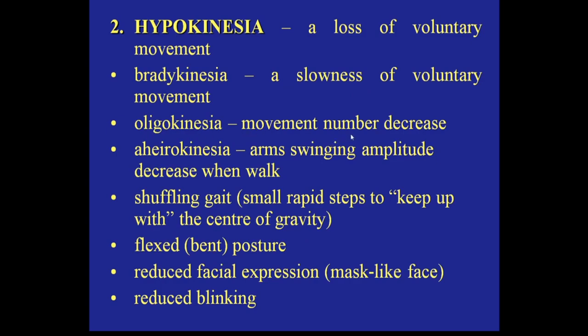Oligokinesia, decrease in the number of movements. Acheirokinesia, decreased arm swinging amplitude when walking, with extremities situated close to the trunk. Shuffling gait, small rapid steps to keep up with the center of gravity. Flexed bent posture, reduced facial expression like mask-like face, reduced blinking.